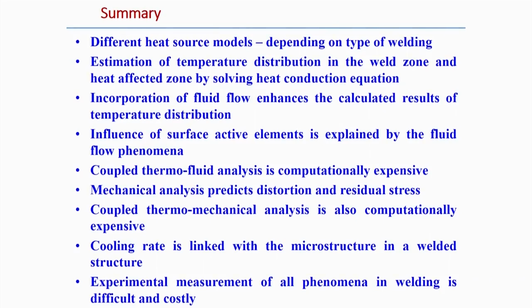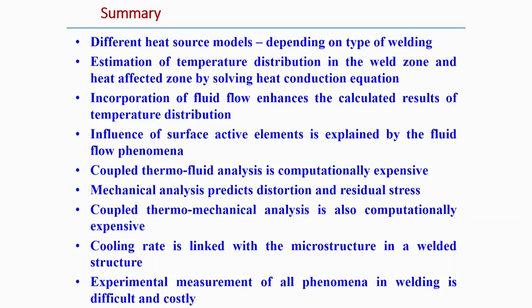So, in summary, for the computational methods in the case of welding processes, first we described the different heat source models depending on the type of welding process, because the heat source model is significant if we try to correctly predict the amount of distortion and residual stress.